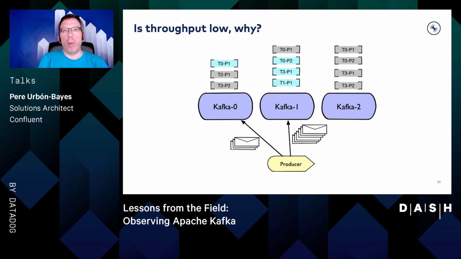So it will be overloaded. So the throughput on Kafka 2 is going to be actually zero, only for replication. And we will see a mismatch here. What you would probably do here is rebalance this, move some of the followers from Kafka 2 to Kafka 1 and move some of the leaders back to Kafka 2.